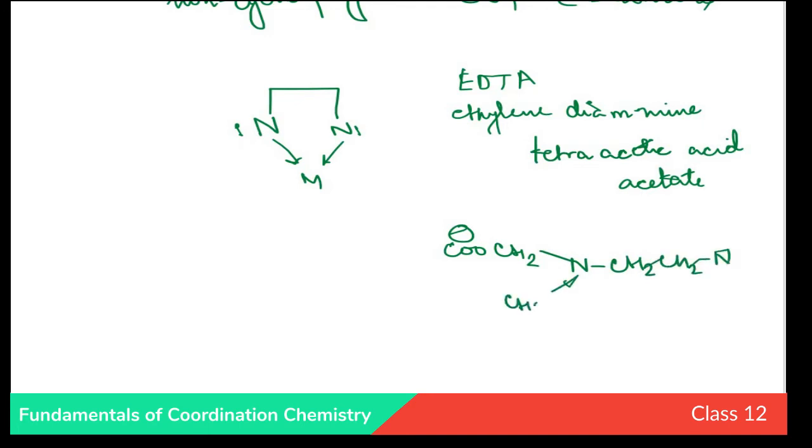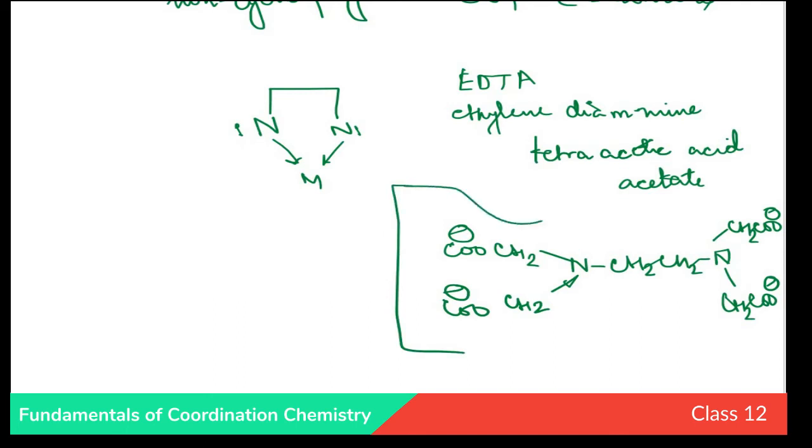This part repeats itself, CH2COO minus. Since it's a tetraacetate, it would repeat, and CH2COO minus. This is the structure of EDTA. Now, this is not a cyclic kind of ligand because it's an open chain ligand, right? So, such kinds of ligands are referred to as chelating ligands. Now, this is a brief introduction to the kinds of ligands which we have.